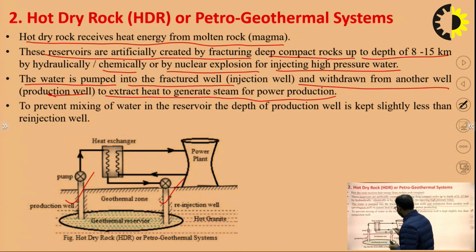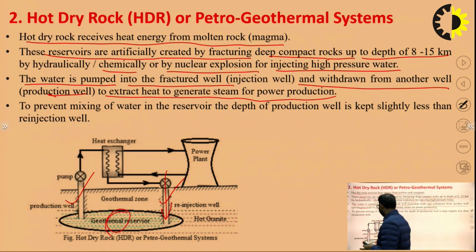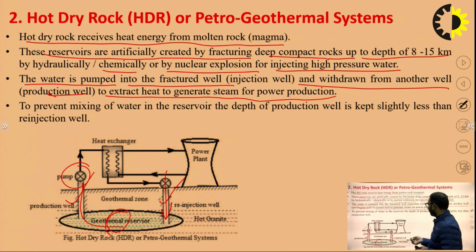Here water is injected, and with the help of this geothermal reservoir, this water is boiled and produces steam, and this steam is extracted with the help of this pump through the production well and sent to the heat exchanger, to the power plant. This steam is used for the production of electricity.